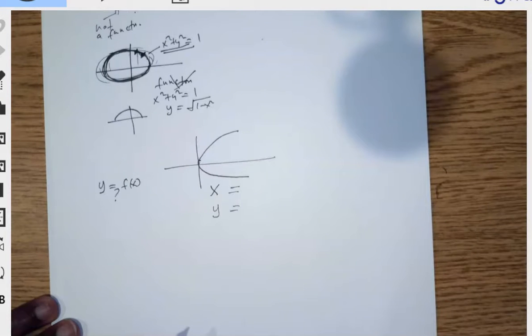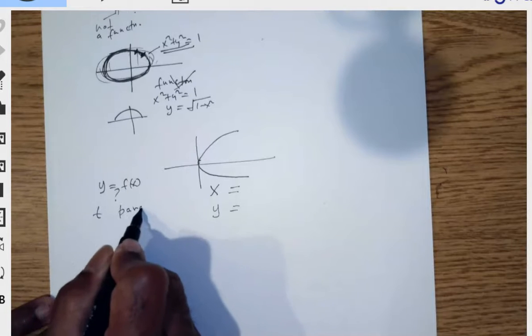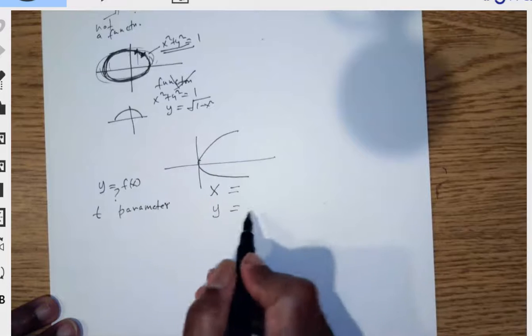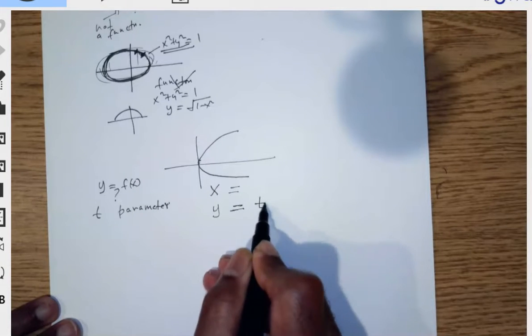Let's consider a third party variable t. We call it the parameter. And let's define y is simply t.